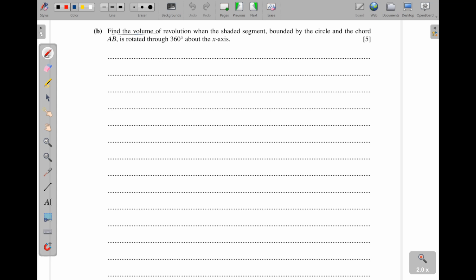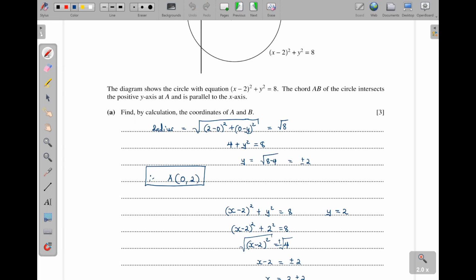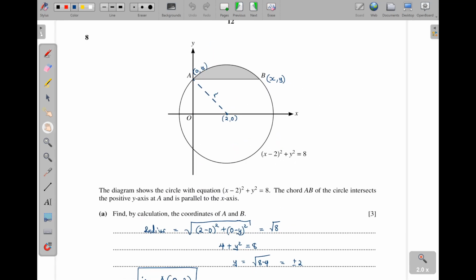Then part B, find the volume of revolution when the shaded segment bounded by the circle and the chord AB is rotated through 360 degrees about the x-axis. Now, when we go back and check, this one is rotated about the x-axis.